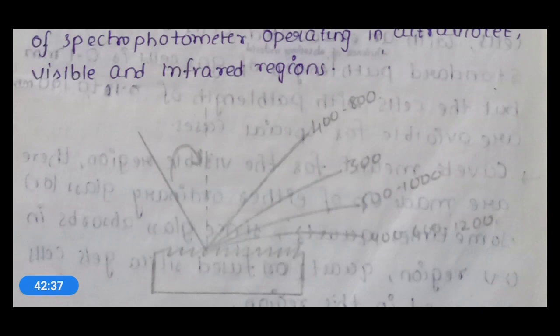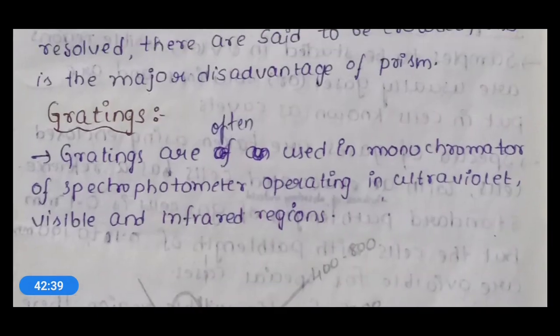Here, in the light source, for UV radiation we use a hydrogen lamp or deuterium lamp, and in a few cases a xenon lamp can also be used.